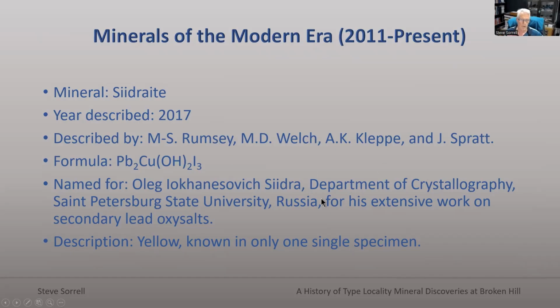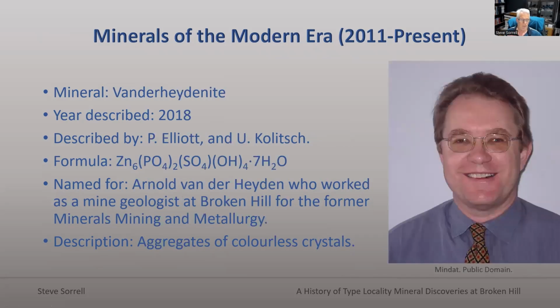You can see Mike Rumsey's the primary author there, and it's yellow, but only known from one single specimen. So that particular formula doesn't look that complex. There should be more, but with this as the description, yellow, who knows? There could be more of them out there.